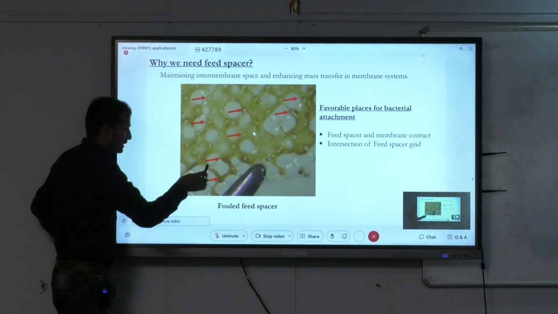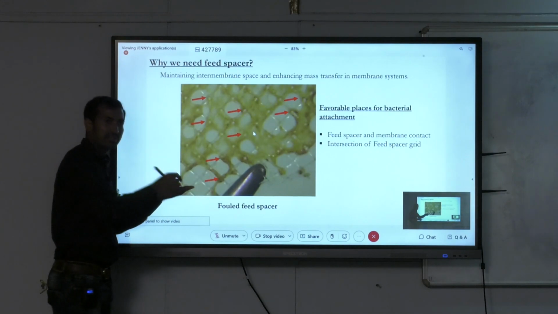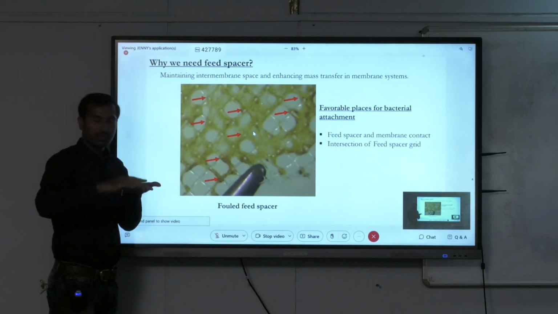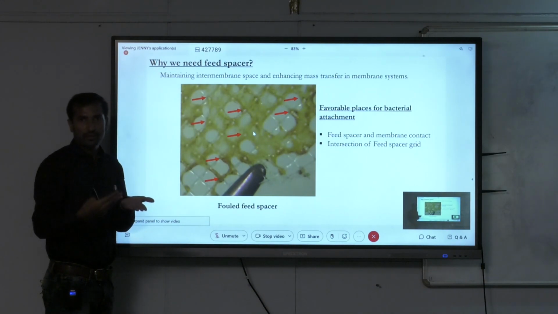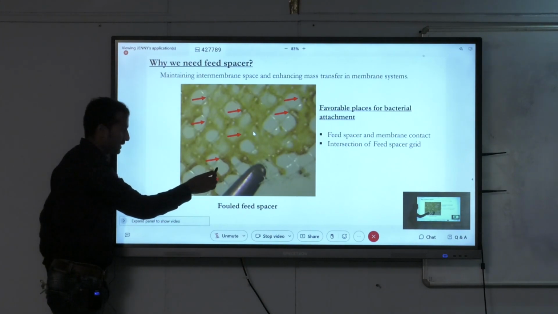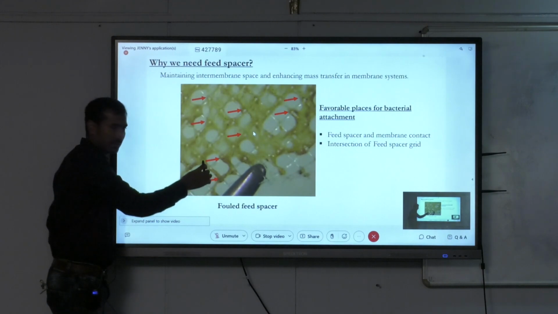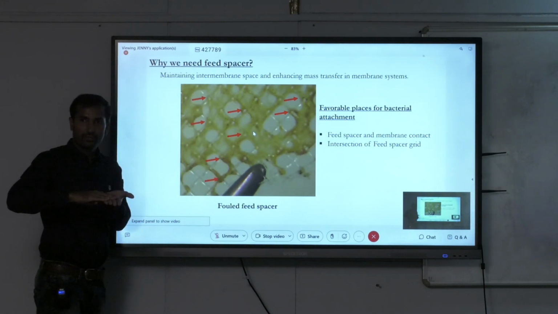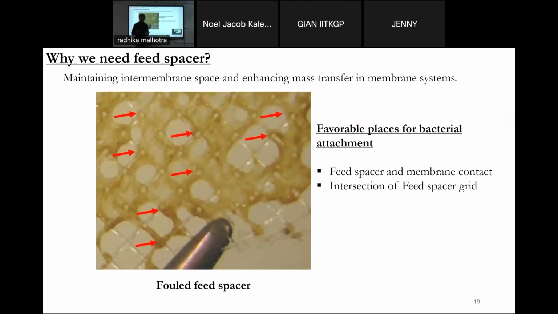Wherever these grid joints touch the membrane surface, there are more chances of biofouling on the membranes, because where there is a gap, there are fewer chances. So, that is what we wanted to make as an antibacterial spacer.